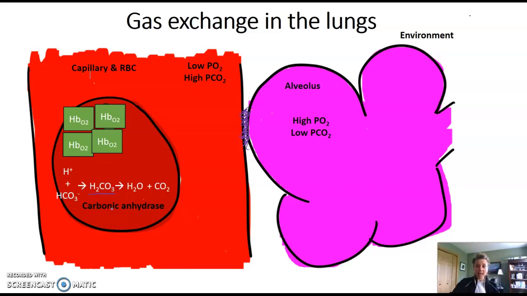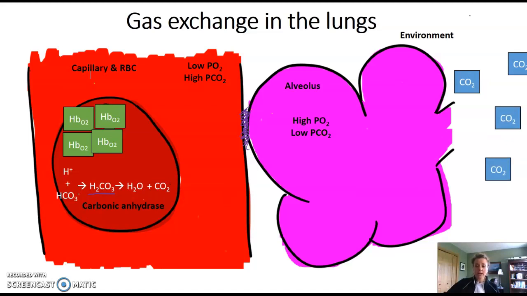And then carbonic acid will dissociate to form water and carbon dioxide. That carbon dioxide is going to diffuse out of the cell into the blood, and then the carbon dioxide is going to diffuse across my respiratory membrane and into my alveolus, where we will exhale it into the environment.